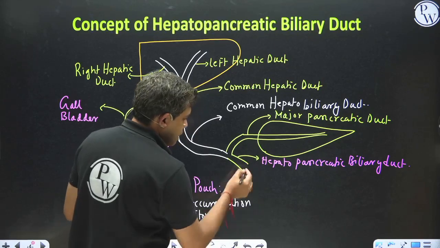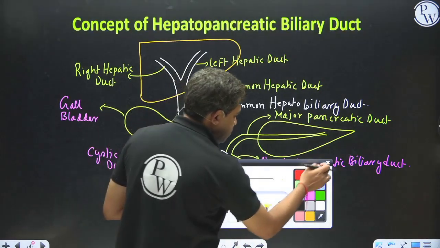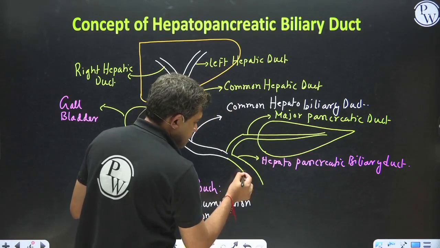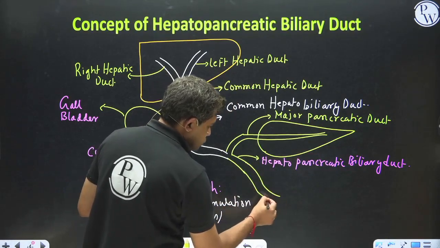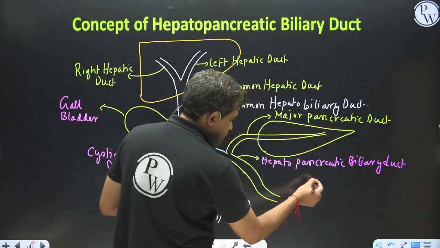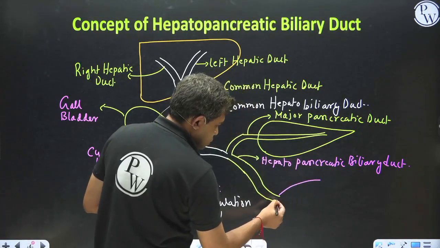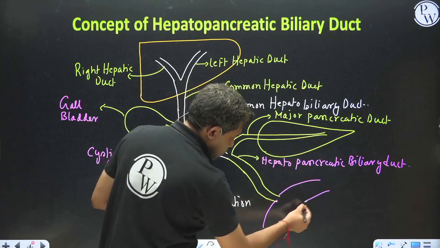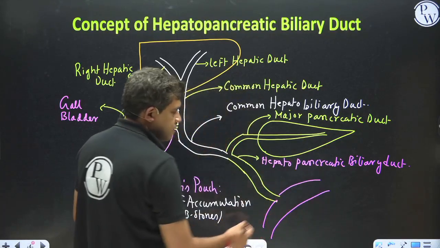It opens into the second part of the duodenum. Say this one is your duodenum. Just a minute, I need to draw the duodenum first. Say this one is the duodenum. So they are opening at the second part of the duodenum.